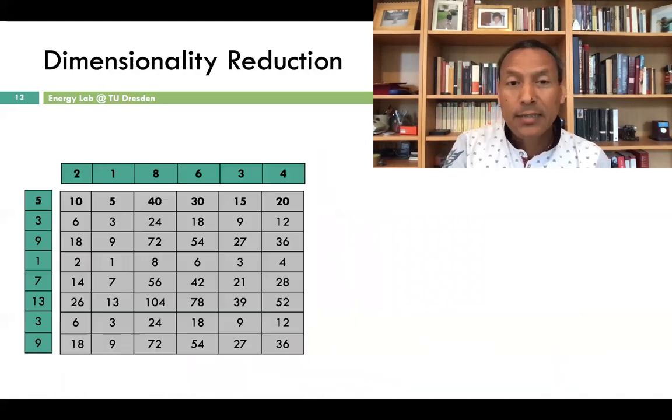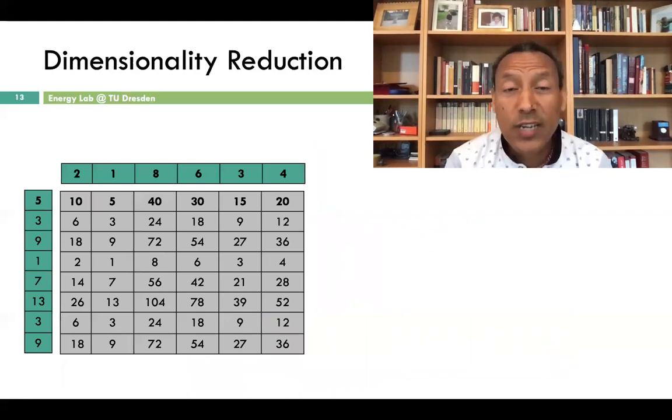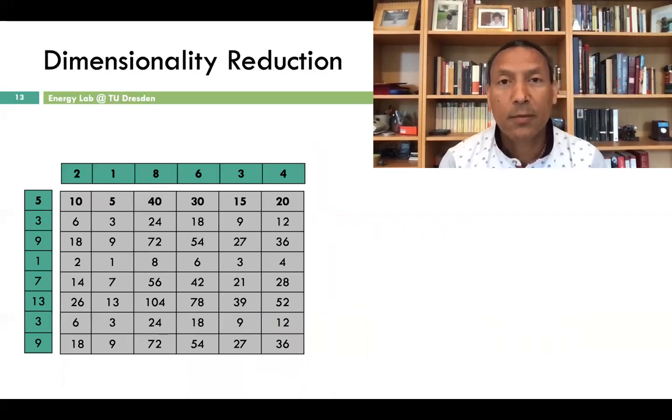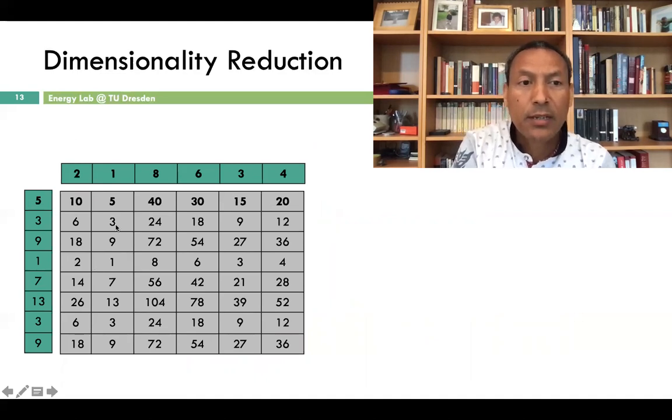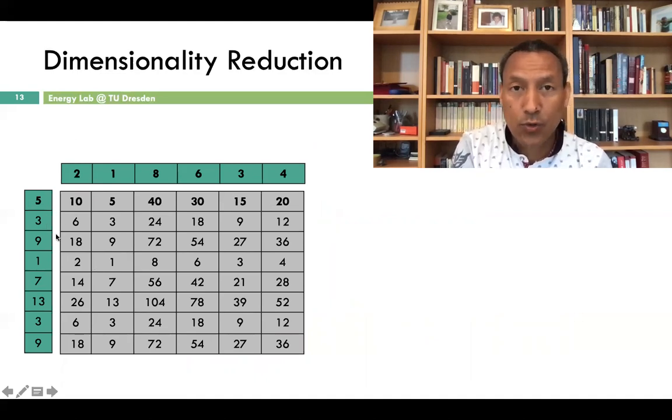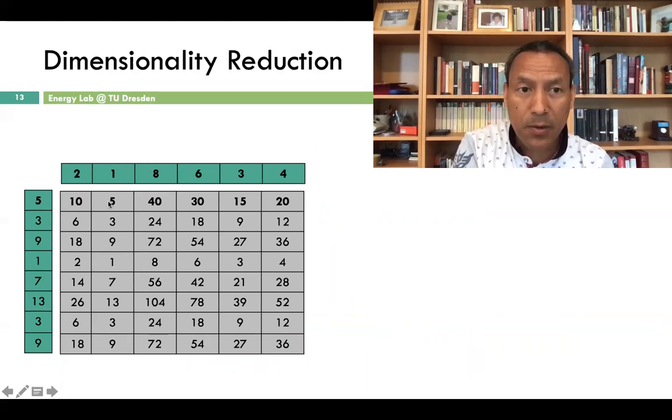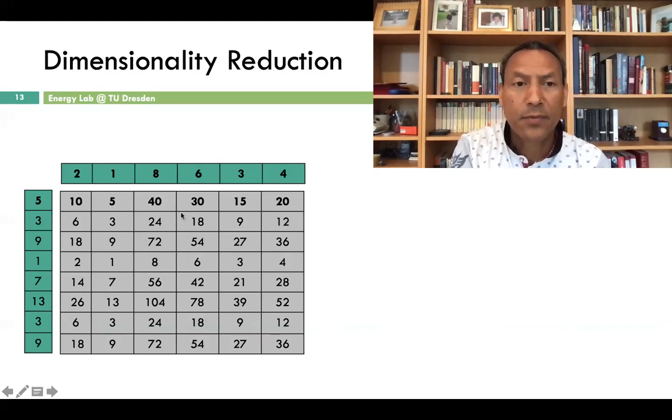Now, indeed, if we closely look at this matrix and factor out the numbers along the rows, the number which is the same for all of them, we'll get 5. If we do it here, we'll get 3, and so on.